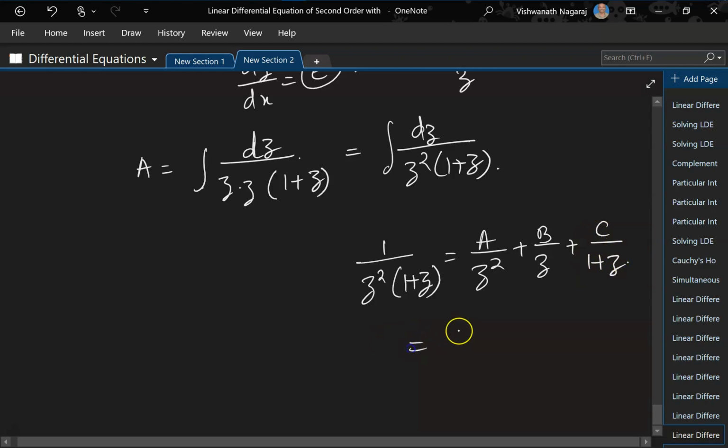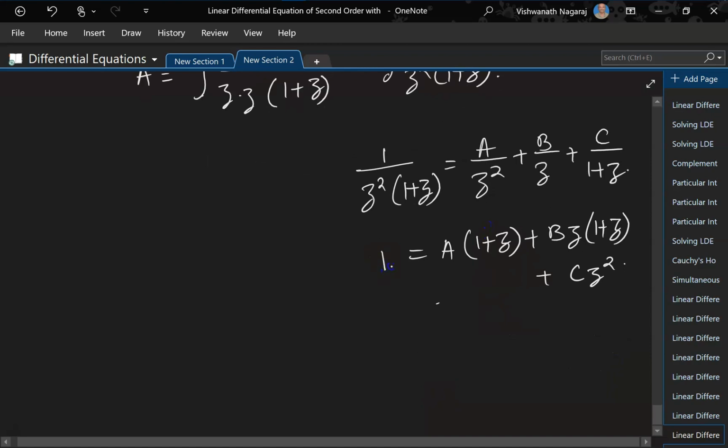This can be written as a times 1 plus z plus b times z times 1 plus z plus c z square, and on this side 1. The denominators are both z square times 1 plus z, so they cancel out.